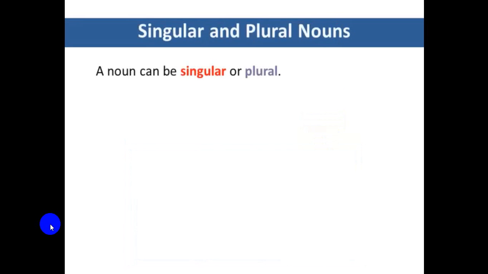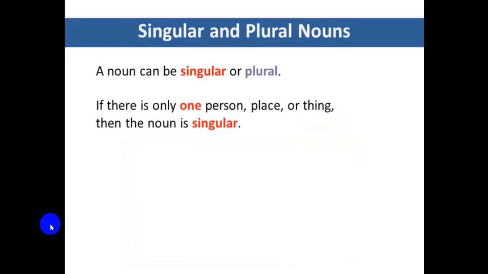A noun can be singular or plural. If there is only one person, place, or thing, then the noun is singular. Look at this example. The boy threw the ball. Both the boy and the ball are singular.